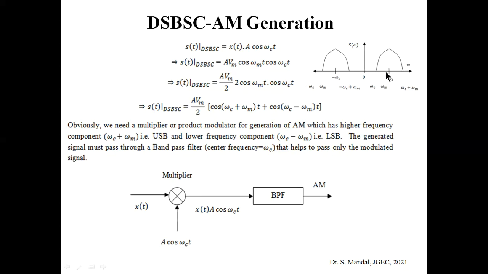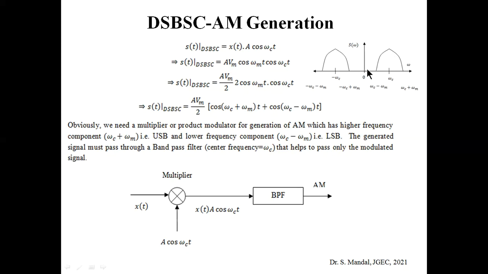Remember, USB and LSB are identical to each other, and in the frequency spectrum only the sidebands carry the useful information or the message signal. So our objective is to propagate only the sideband portion of the spectrum.